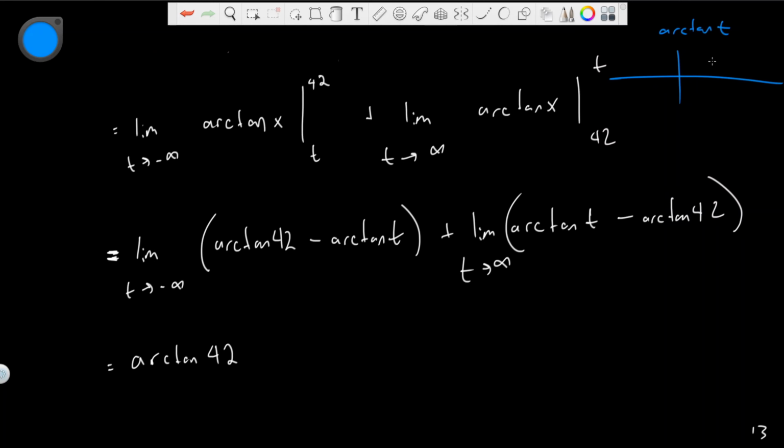Arctan of t, it looks like this, with horizontal asymptotes of negative pi over 2 and pi over 2. Okay, so as I go to negative infinity, arctan is going to negative pi over 2. And so I'm subtracting that, I'm going to get a positive one.